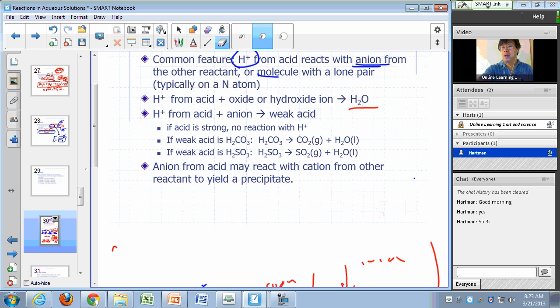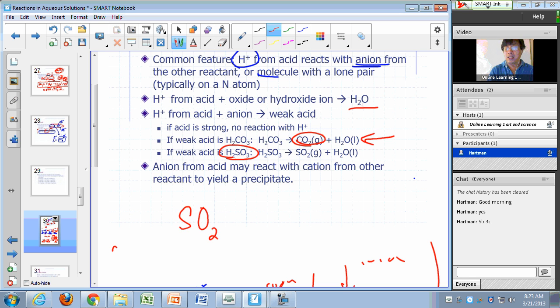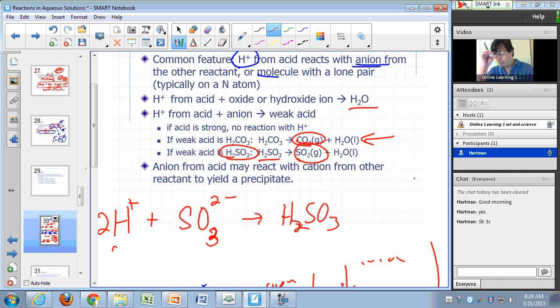Another commonly observed gas, this is an example of what we call a gas formation reaction. Another one is if you form H2SO3. So if you have a sulfite, SO3 2-, that combines with H plus to give you H2SO3. If you have a lot of that H2SO3, it readily breaks up into SO2 gas and water.